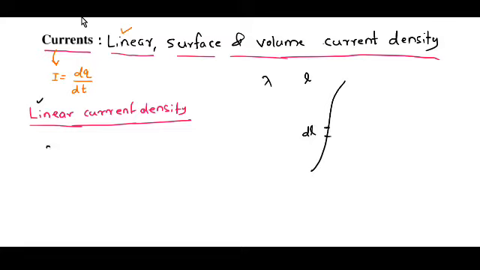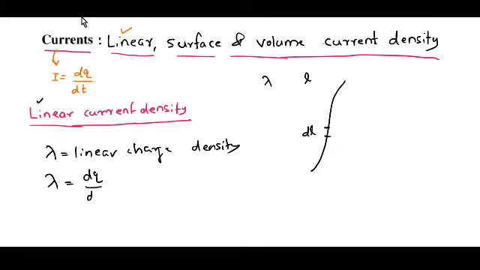This lambda is the linear charge density. You can write lambda is equal to dq by dl. This line charge lambda is flowing through this conductor with a velocity v.